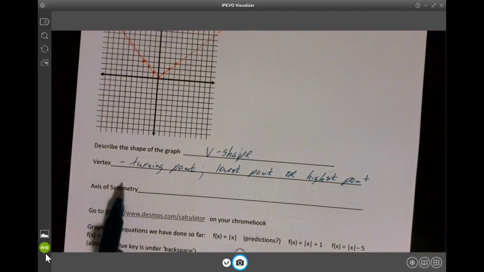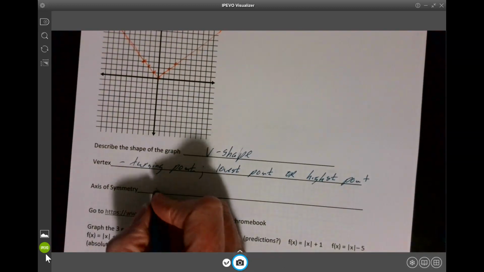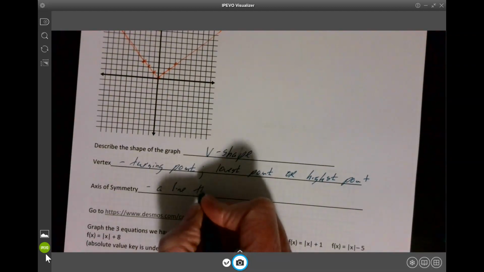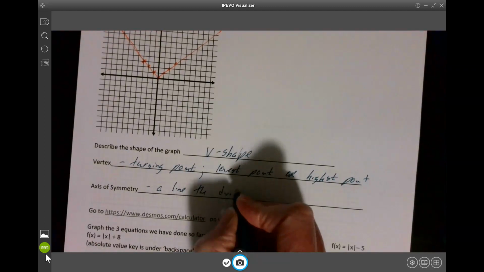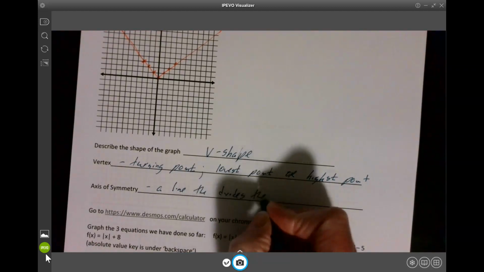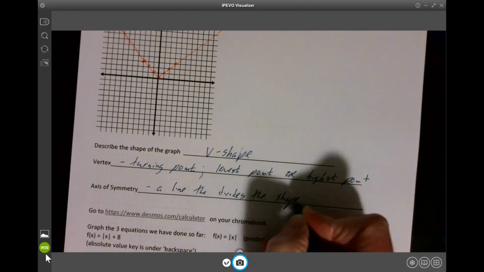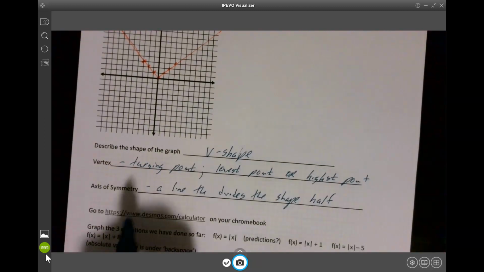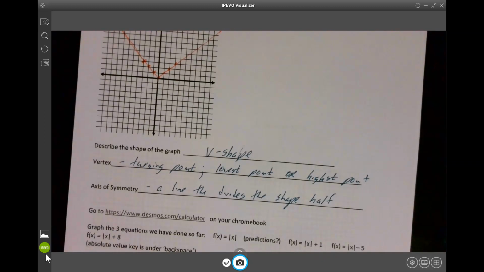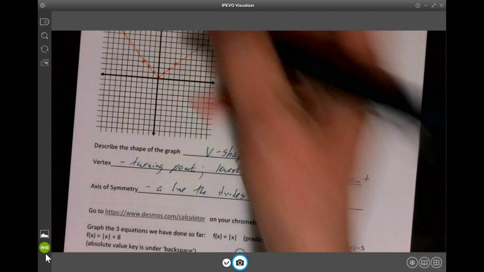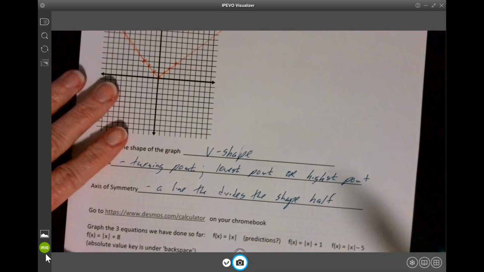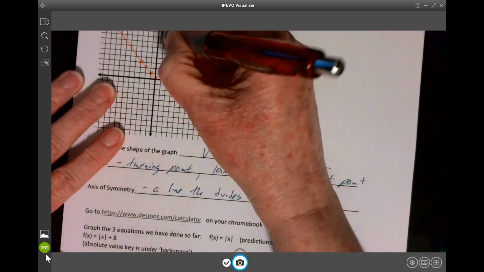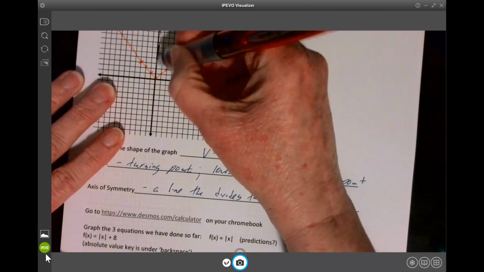The axis of symmetry. Now, the axis of symmetry is a line that divides the shape in half. It makes it so it's symmetrical. So my axis of symmetry on this one is going to be the y-axis. Now it's not always the y-axis, and I know you can't see what I'm drawing on.